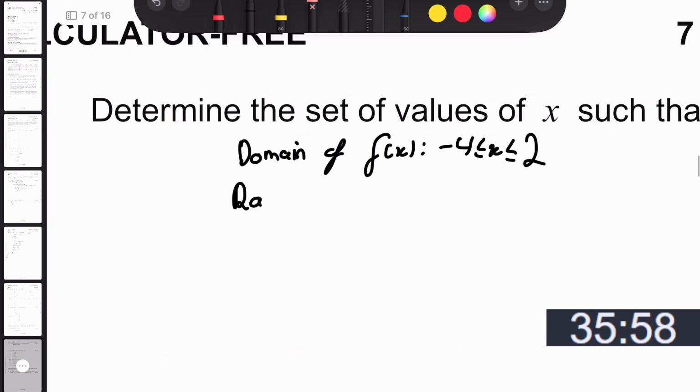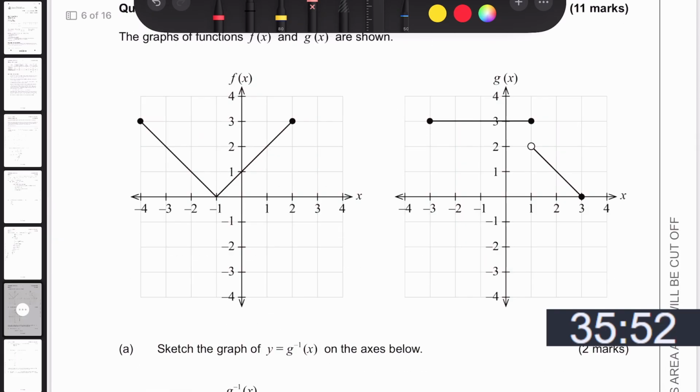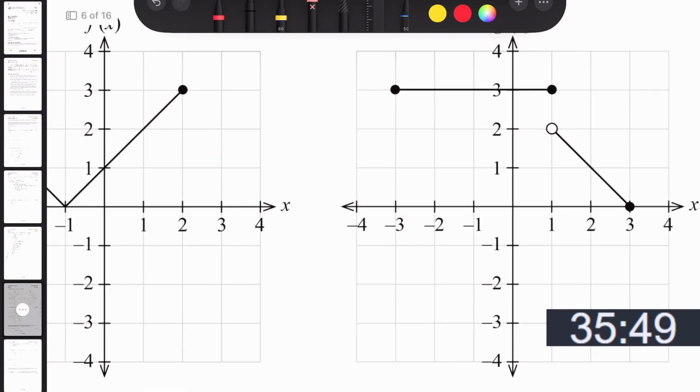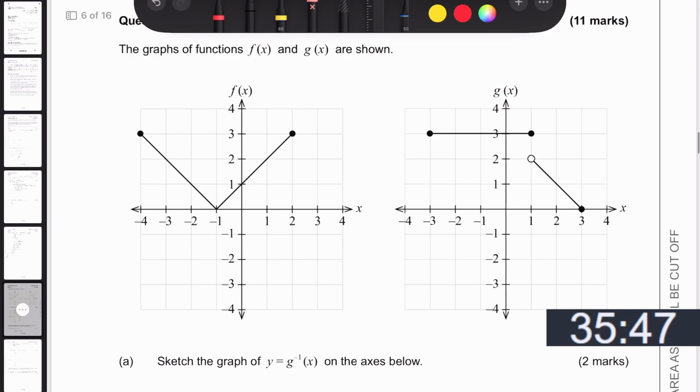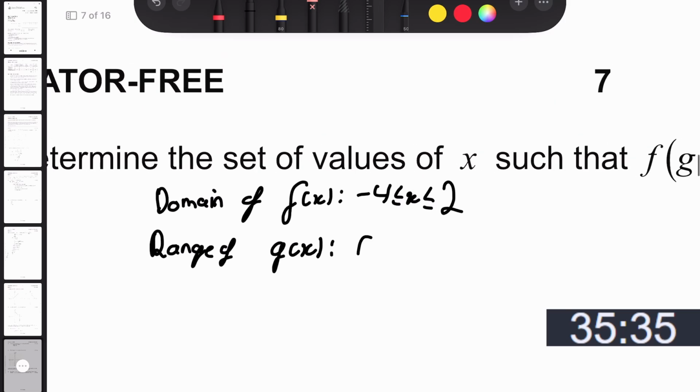And then the range of g of x is, so we have 3, and then 0. So we have 0 to 2. So we have 0 less than or equal to x less than or equal to 2, or x is equal to 3.